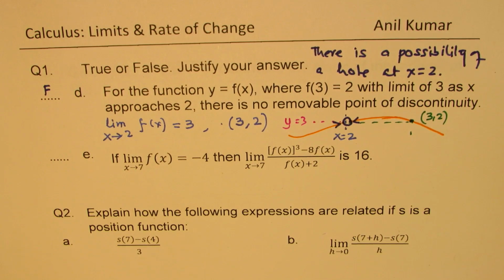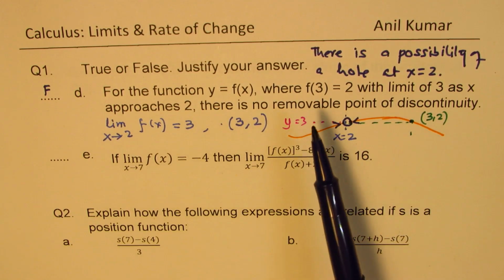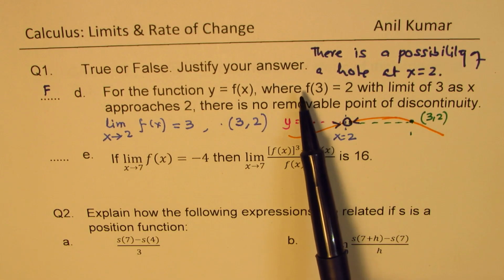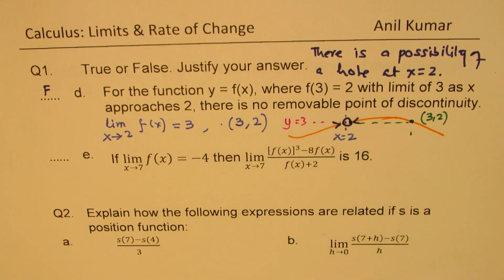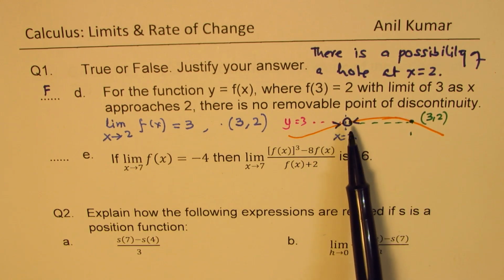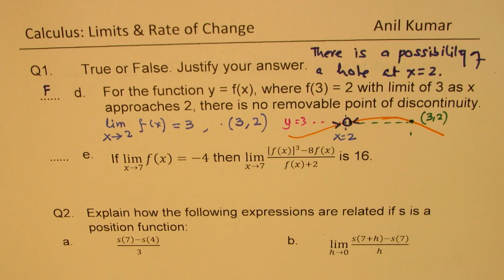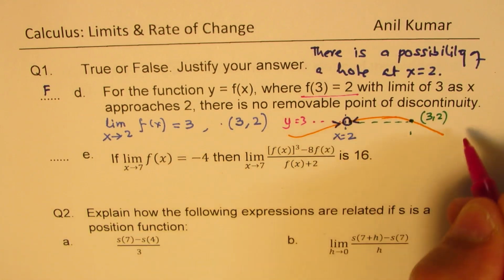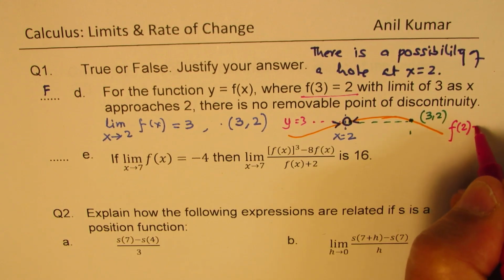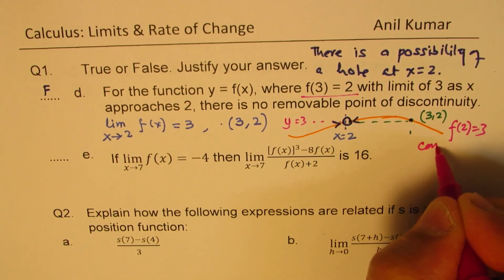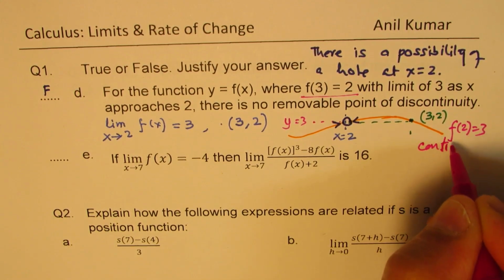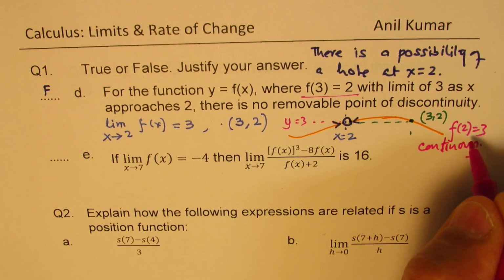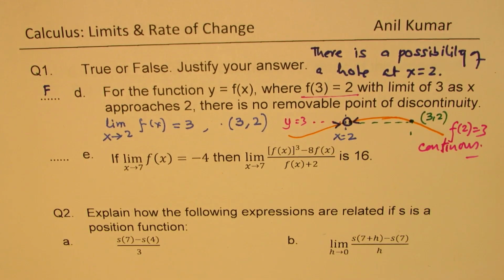Is that clear to you, right? Now, to make this true, we could have had f of 2 equals 3, right? So then it was a continuous function. You get the idea, right? So if this condition was not this, but if f of 2 equals 3, then it is continuous. Do you understand? Perfect. That is what it is.